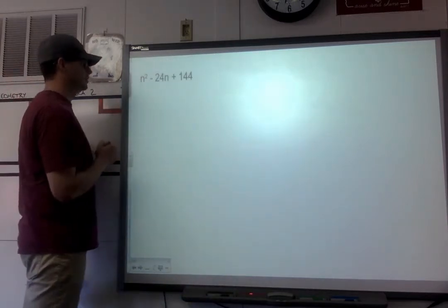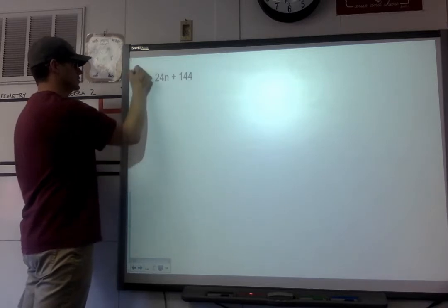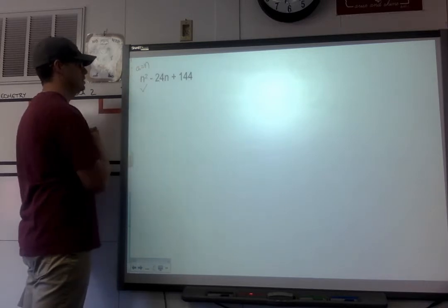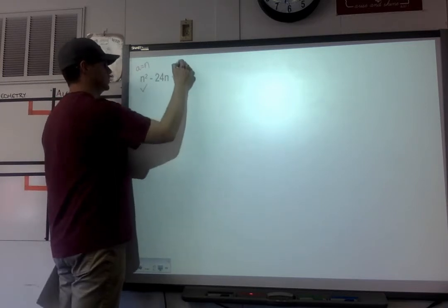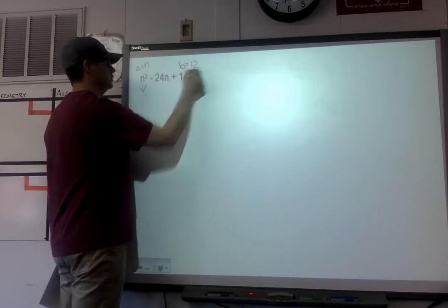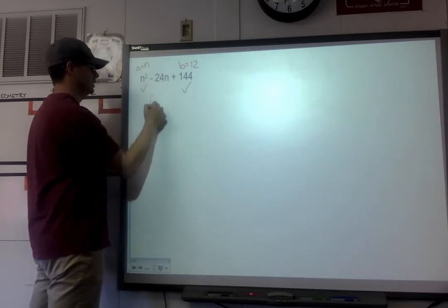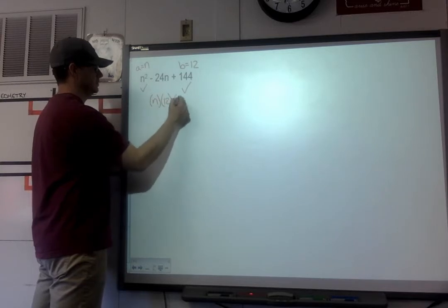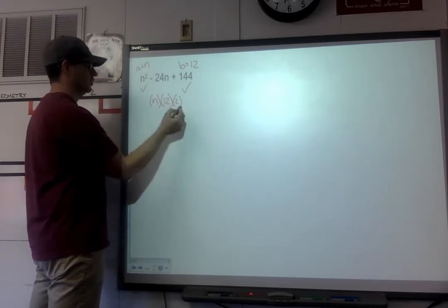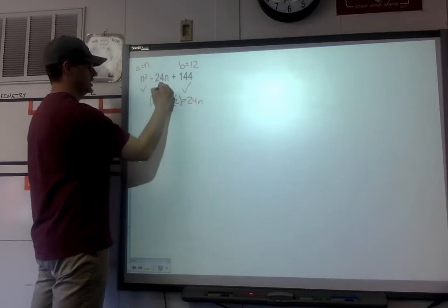First term, is it a perfect square? Yes, it is. n squared, the square root would be n. Last term, 144, yes, that's a perfect square. b would be 12. Now we need to make sure that the middle term is a times b times 2, so 24n, which it is.